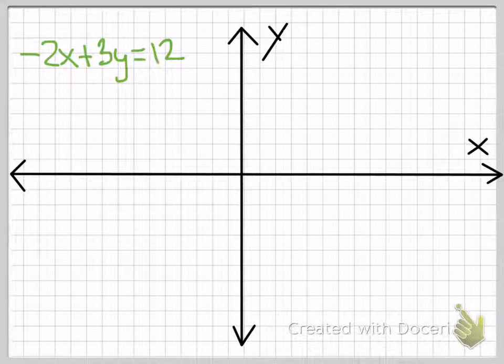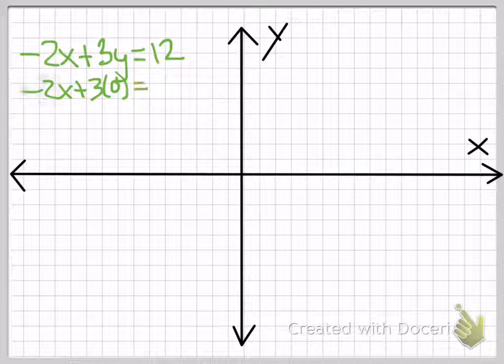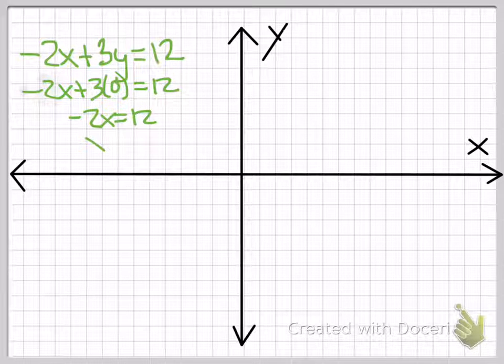If I let y be 0, of course, what's 3 times 0, guys? And negative 2x plus 0 would still be not 0. What's x equal, ladies and gents? Okay. 1, 2, 3, 4, 5, 6.